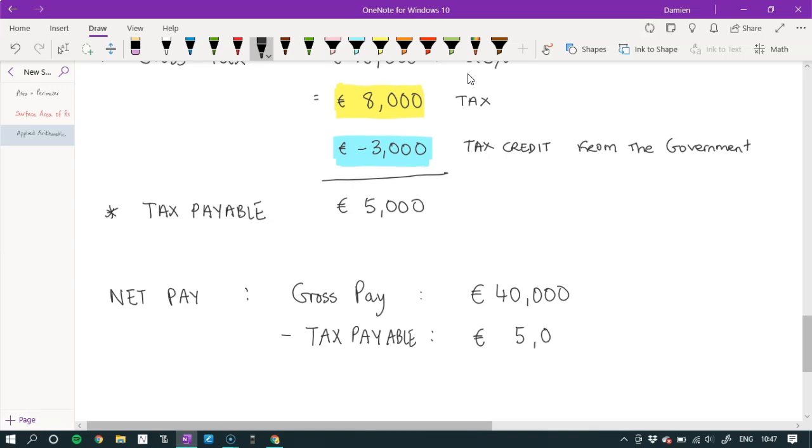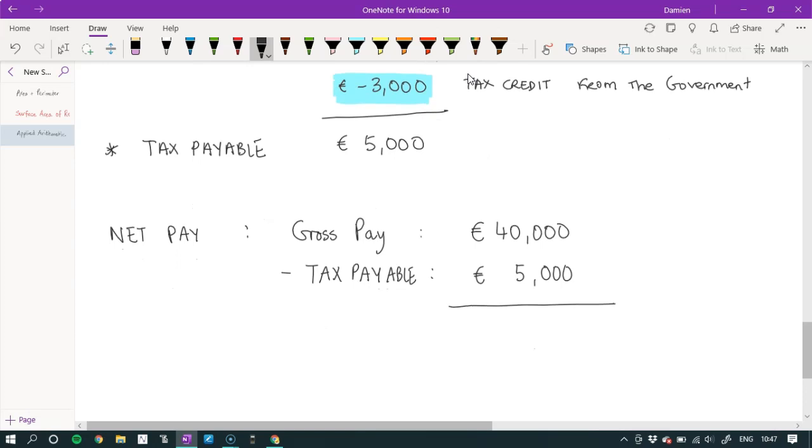Not 8 grand, because we got a tax credit. We got a few quid back. So we've got to take that away. So that brings us down to 35,000. So Jess, although she's getting paid 40,000 euros a year, is actually only getting 35,000 into her bank account or into her pocket. Okay, we'll go off and we'll practice a few questions in an assignment.